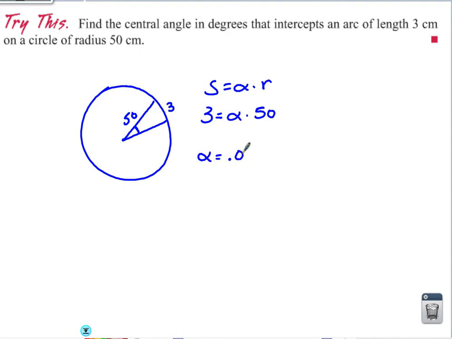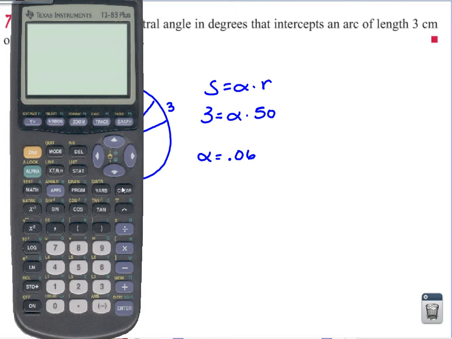Alpha is 0.06. But again, that 0.06 is in radians. So you take your 0.06 on your calculator. Very easy. 0.06. You'd multiply times what? Good. And divide by pi.